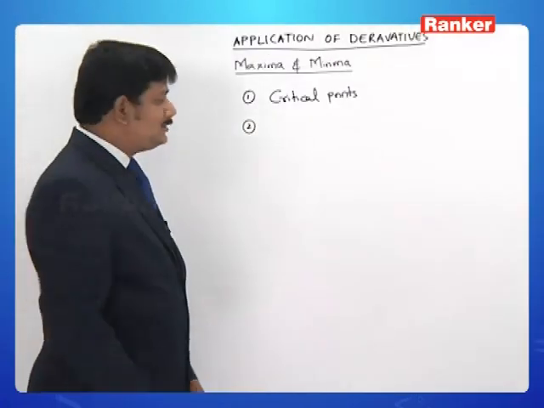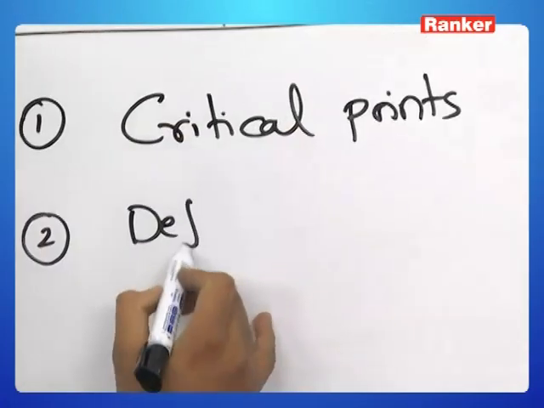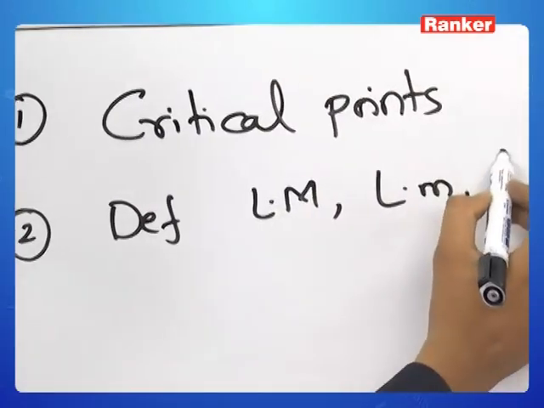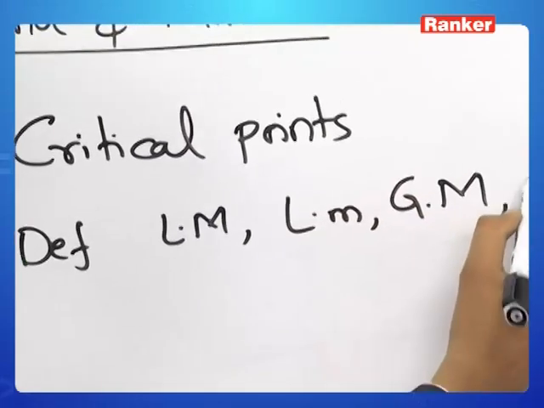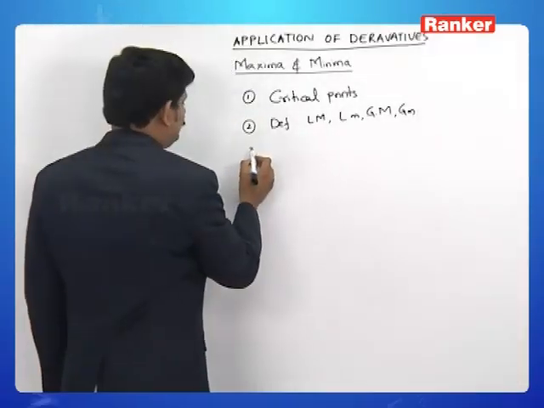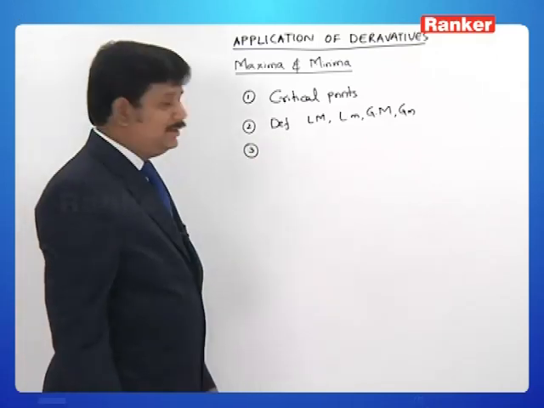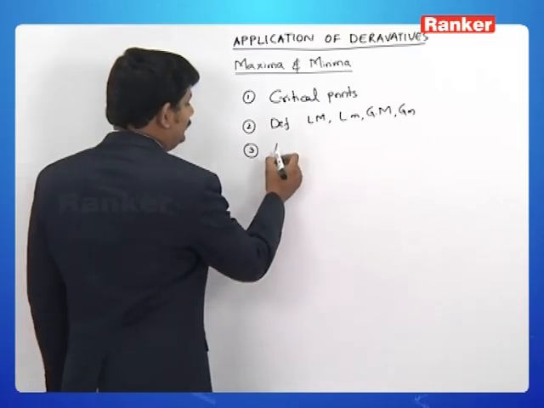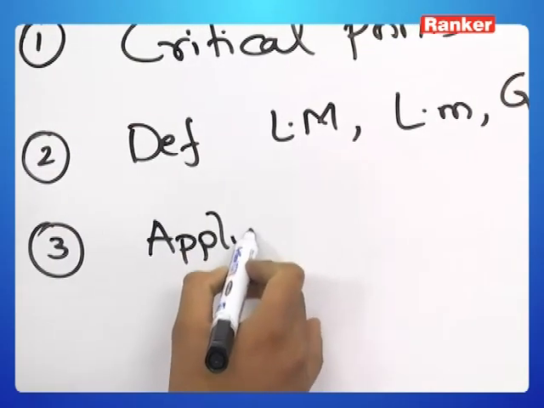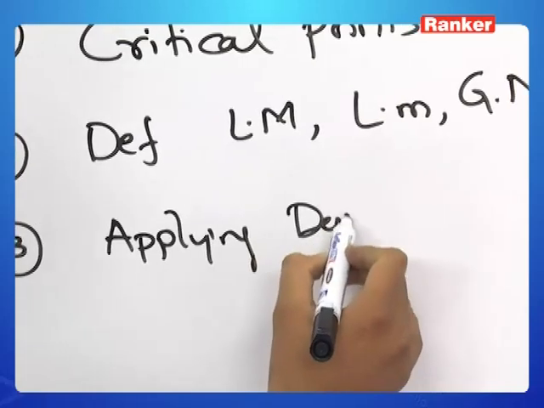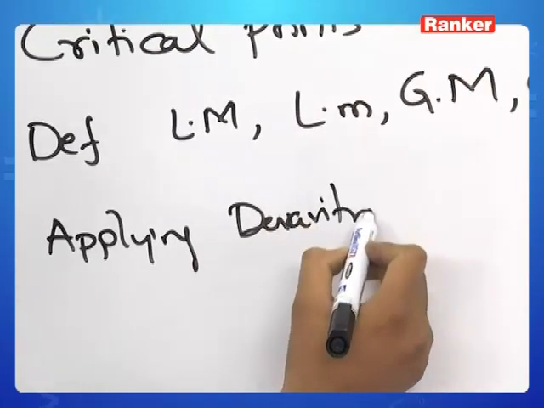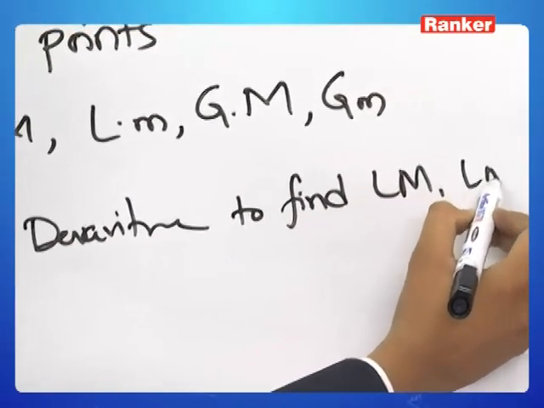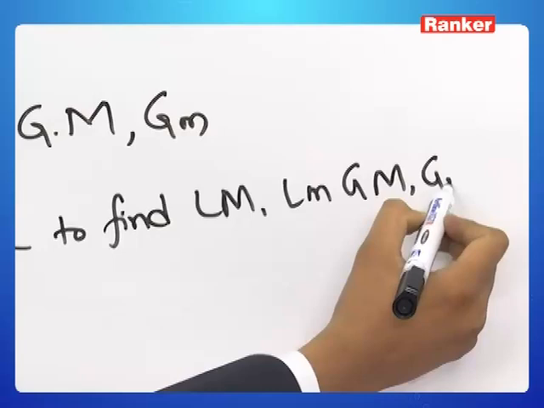We need to know the definitions of local maxima, local minima, global maxima and global minima, and we need to look at the application of derivatives in finding local maxima, local minima, global maxima and global minima.